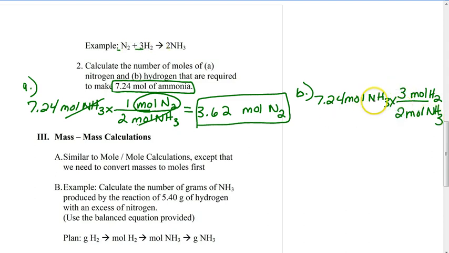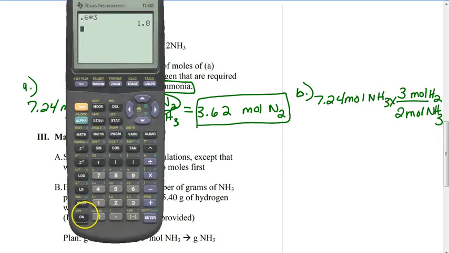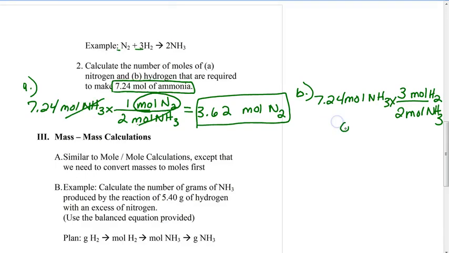So I'm going to take 7.24 times 3 divided by 2. Make sure you plug that in correctly. 7.24 times 3, get that, divided by 2, and that is 10.86. How many sig figs should I have? I need to have 3. So that would be 10.9 moles of hydrogen. Box it in, and you're done.